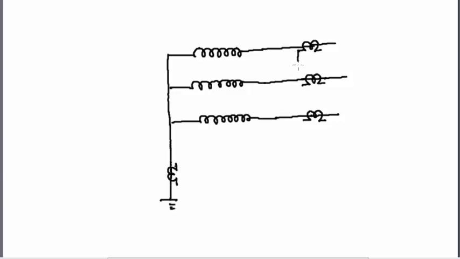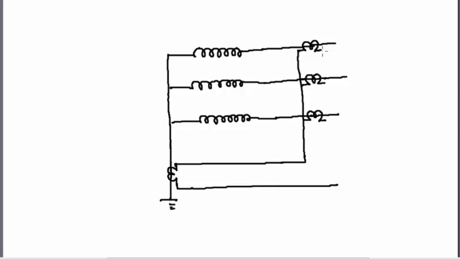Now how the circuit will be designed: all these 3 terminals along with the neutral terminal will be joined, and again this terminal will be joined with these 3 terminals, and in between these two wires a relay coil is introduced. This relay is numbered as 64 REF, or just an REF relay.